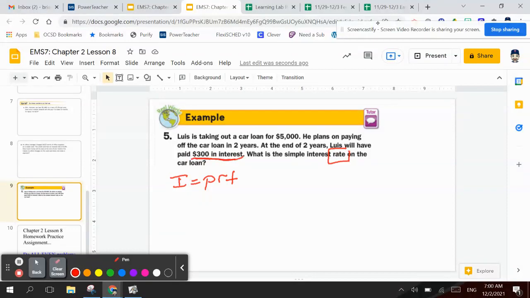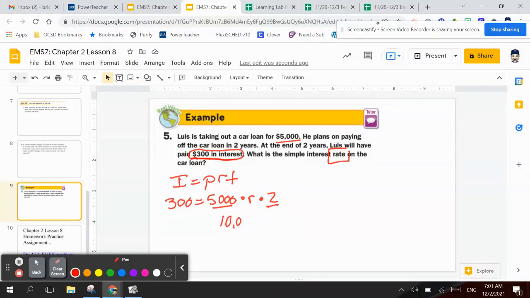Our interest is 300. That equals the principal, which is how much they borrowed, $5,000, times the rate, times the time of 2 years. So I multiply these two numbers, 5,000 times 2.